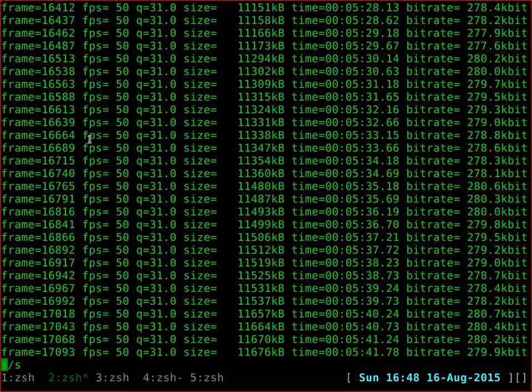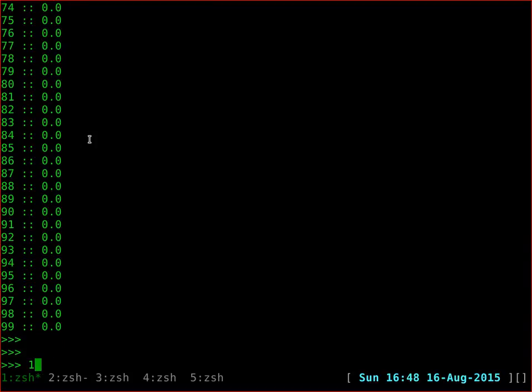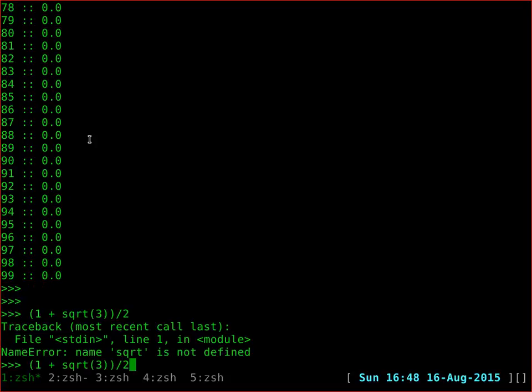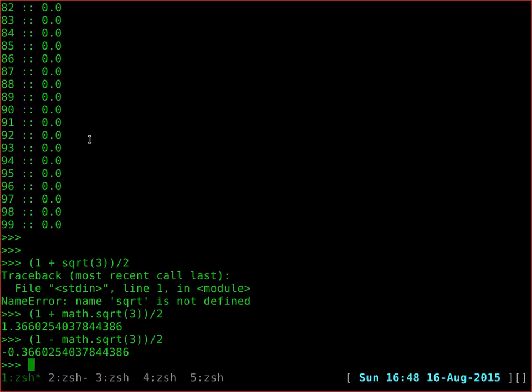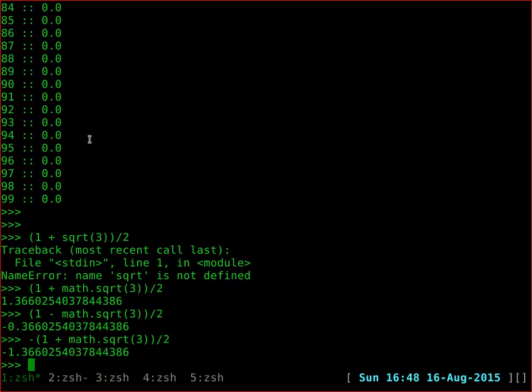So let's just evaluate those: 1 plus square root of 3 divided by 2, and 1 minus square root of 3 divided by 2, and plus or minus of this on the outside.